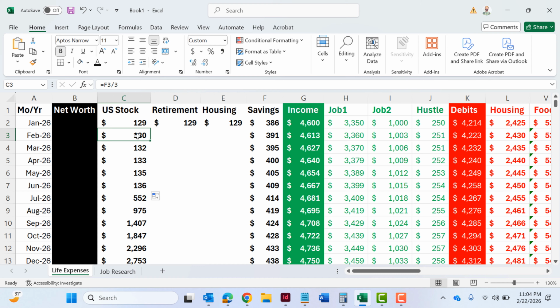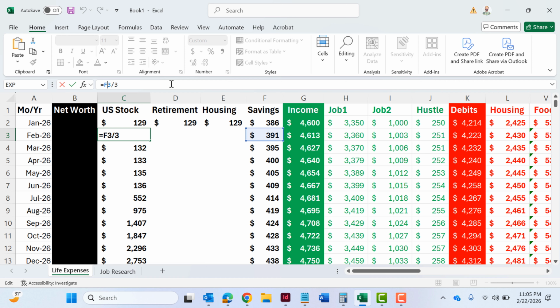But we still haven't gotten, we did our stock market equation, but there's a problem with it. Now we're saying the savings F3 divided by 3, and we've got to multiply last month.